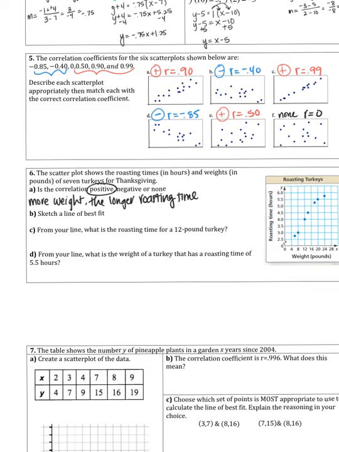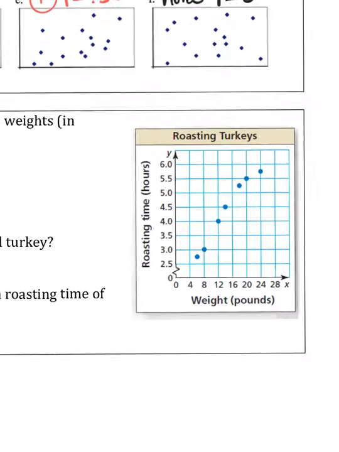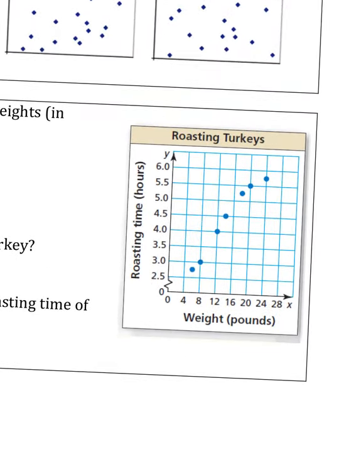It says sketch a line of best fit. So at this point, you are going to choose 2 points that seem like a good fit to you. These do not have to be my same 2 points. These can be any 2 points that you feel are appropriate.